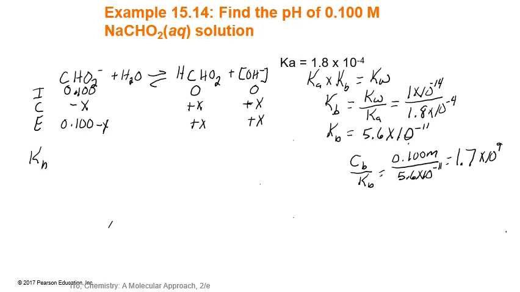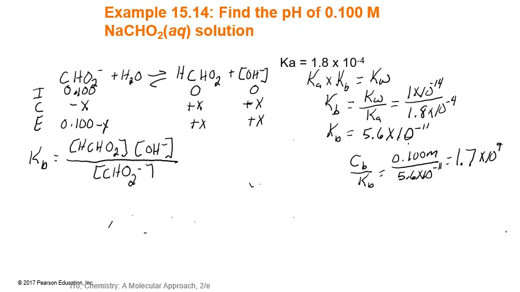So our Kb, again, products over reactants, divided by our formate, our anion. And we can plug in those numbers. So Kb was 5.6 times 10 to the negative 11.